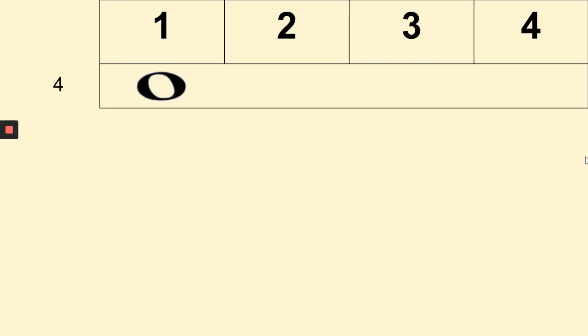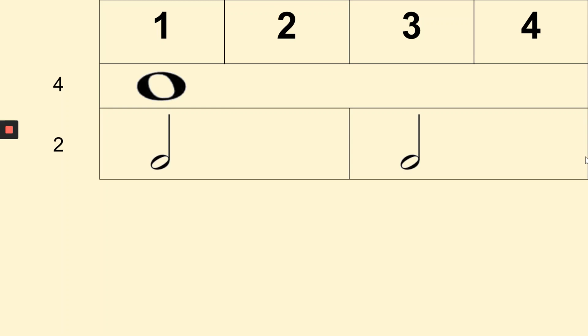We start with the semi-brief, which is worth 4 beats. We then half it to get a minim, which is worth 2 beats each. We can then half again to get a crotchet, which is worth 1 beat each.